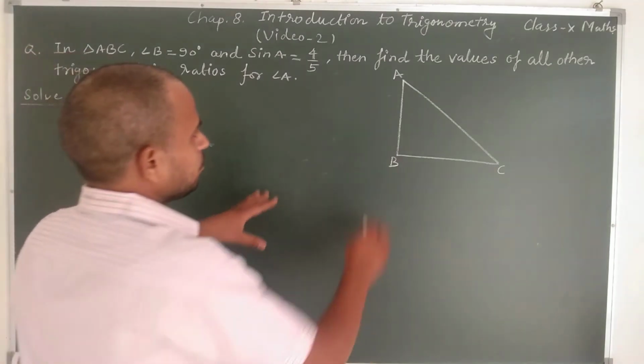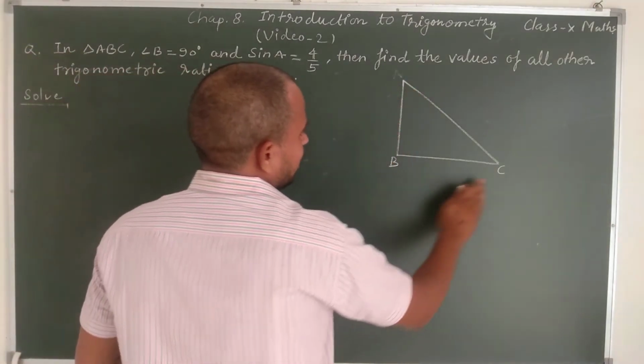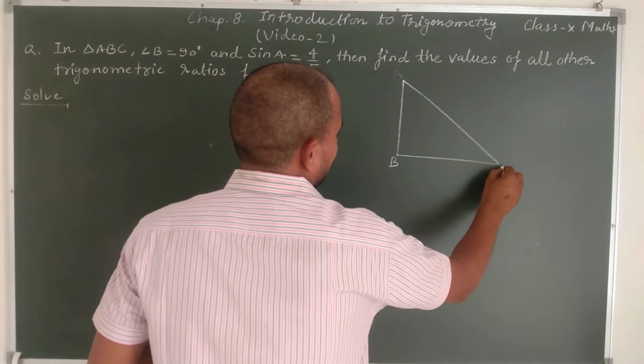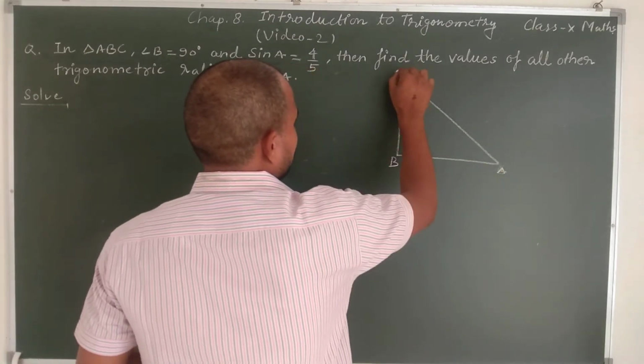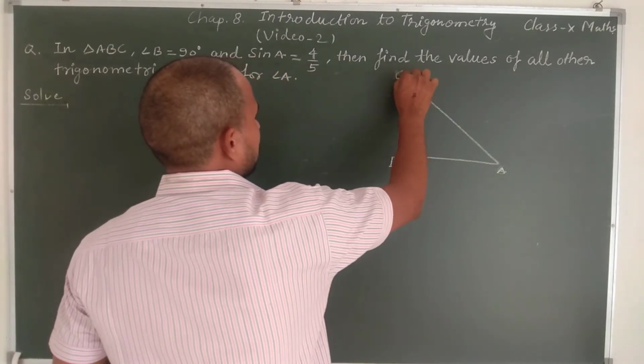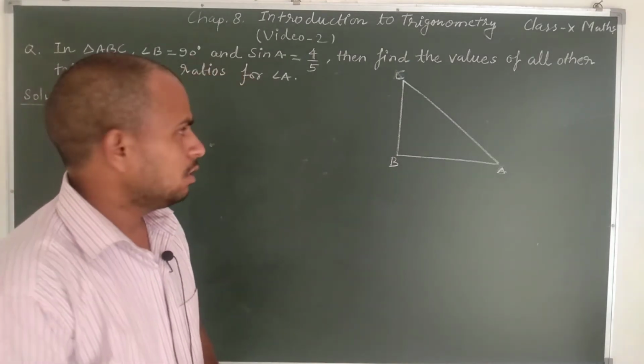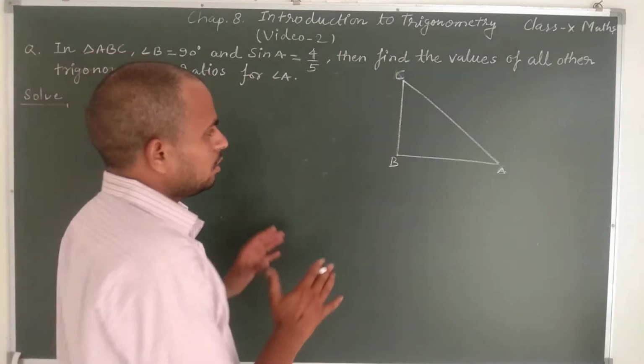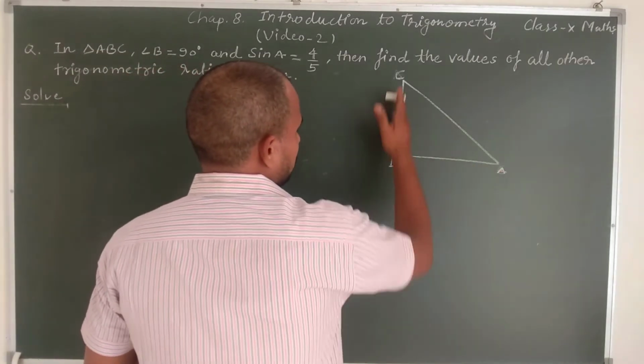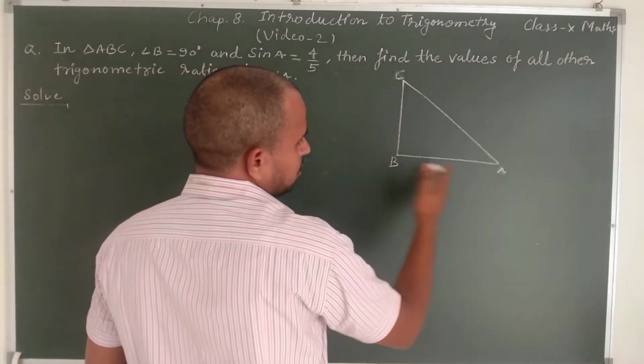You can write it this way: A, B and C. It's the same thing, it doesn't differ.